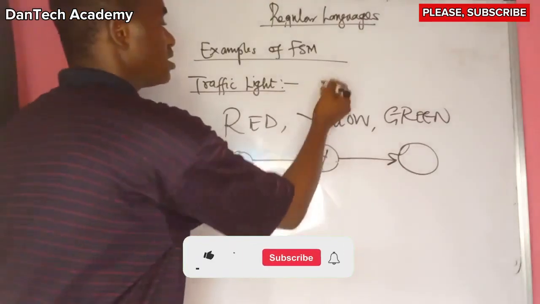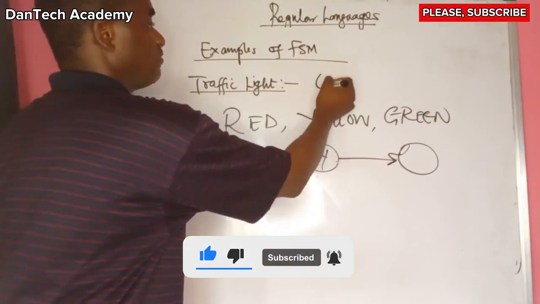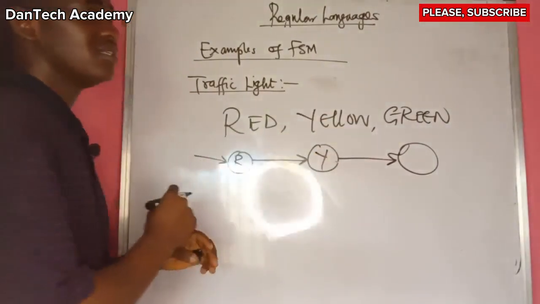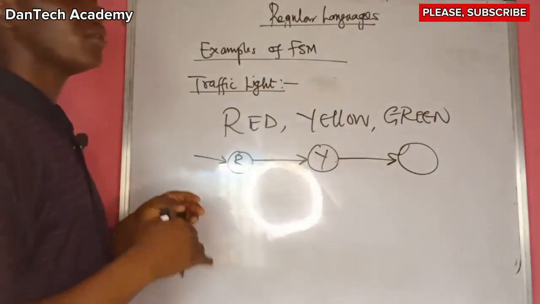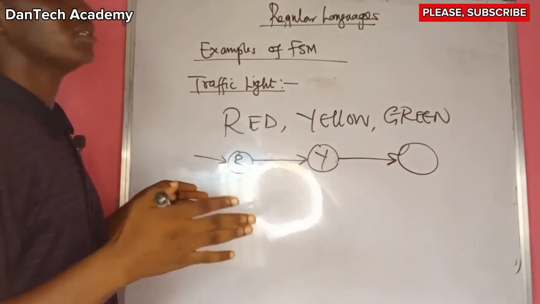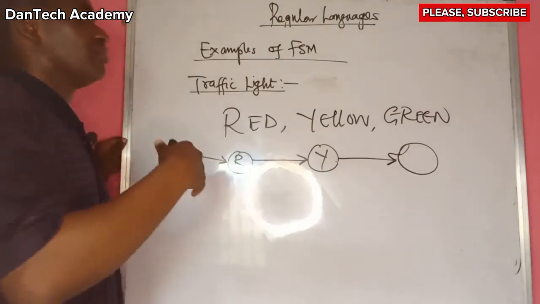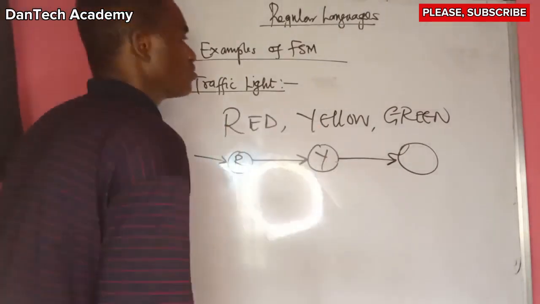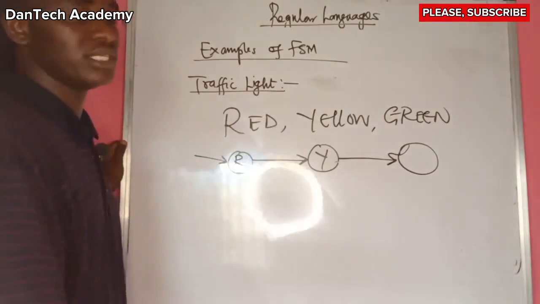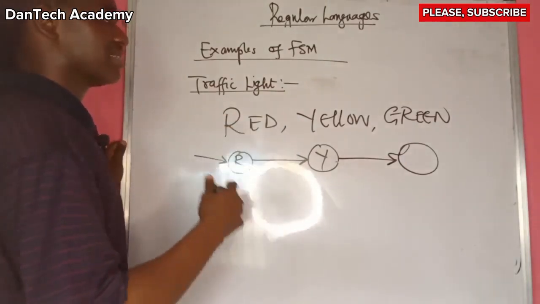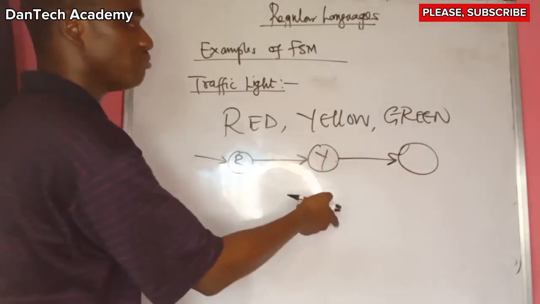You will always see a traffic light with a count, I think from 10 or so. It differs, sometimes based on the environment, the state or the country where it's installed, or sometimes based on the people who installed it. They decide the way they program it, like at every 10 seconds or every 20 seconds, move from a particular state to the next state. So that is what determines when the next state will come.